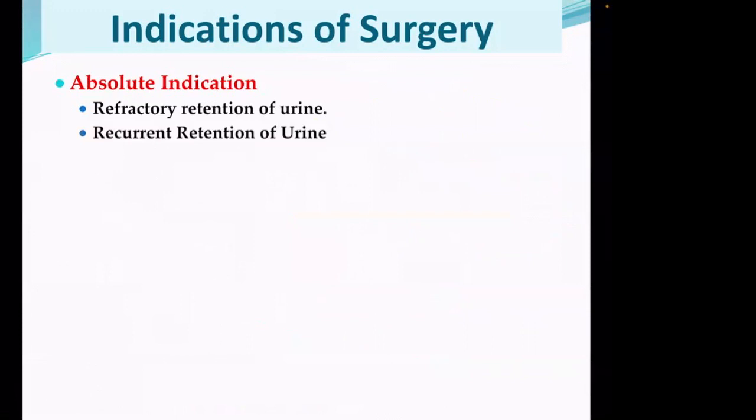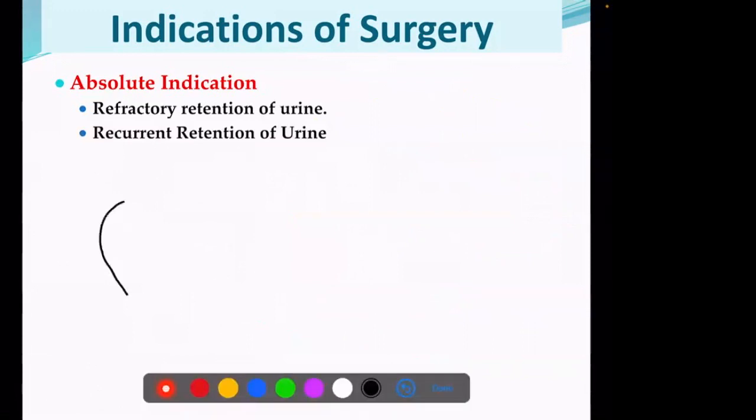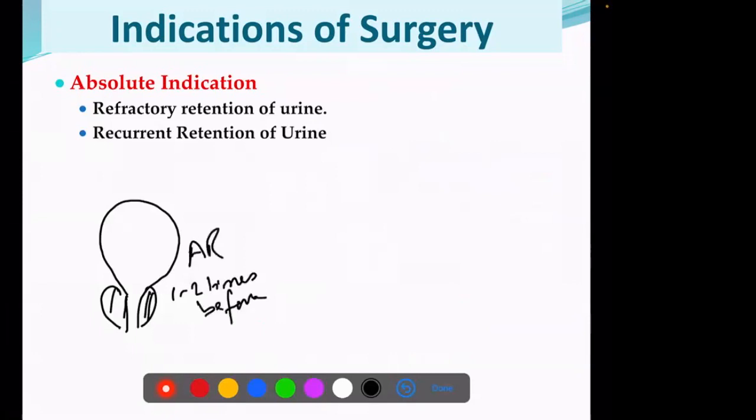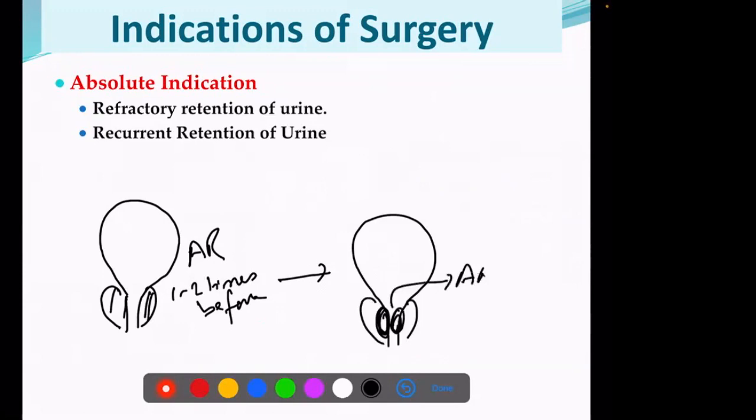Recurrent retention of urine. Suppose a patient gave a history that he had acute retention at least 1 or 2 times before, and again he came to you with another episode of acute retention of urine. If a patient has multiple episodes of acute retention of urine, then he is also a candidate for surgery.